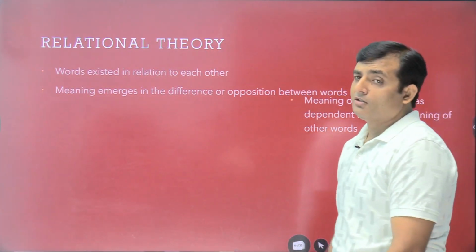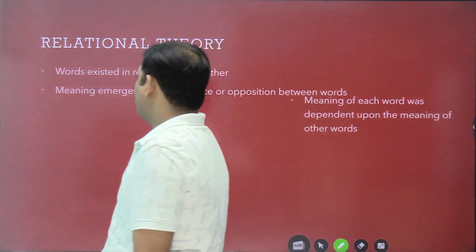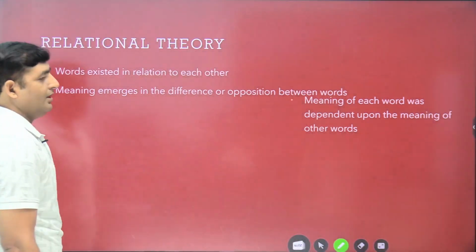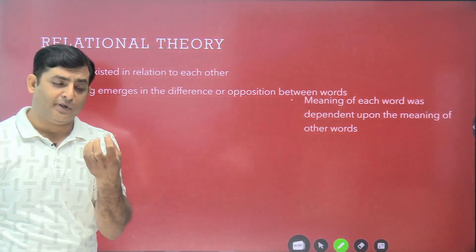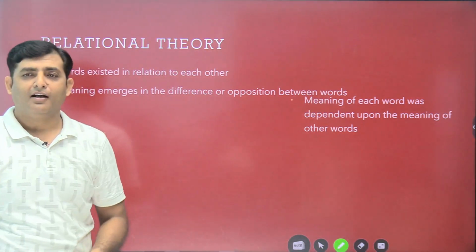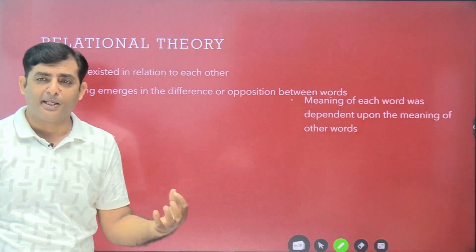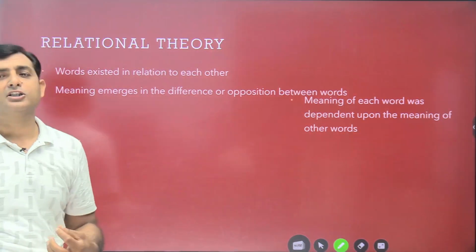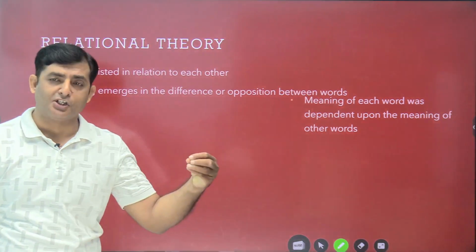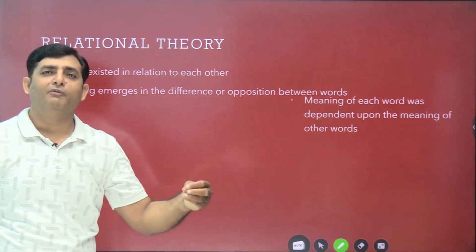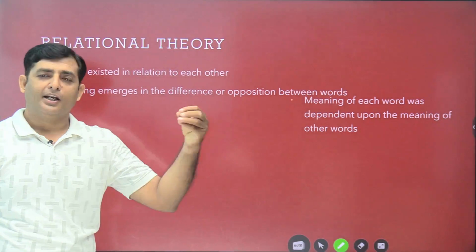Ferdinand de Saussure says that meaning is relational. How do words give meaning? He says they give meaning according to their relation with other words, with adjacent words, with neighboring words.